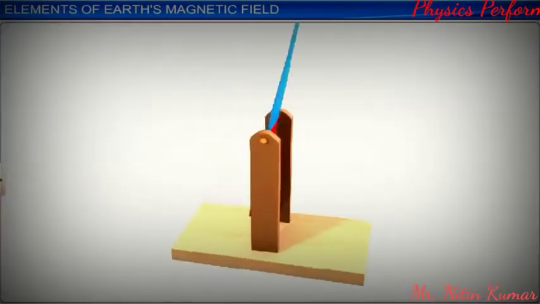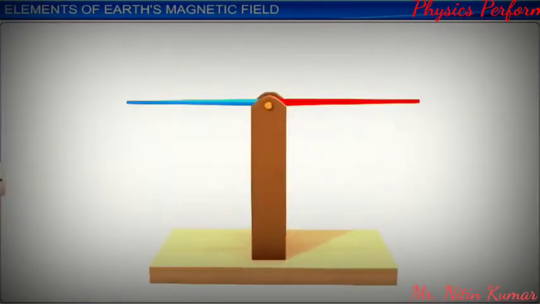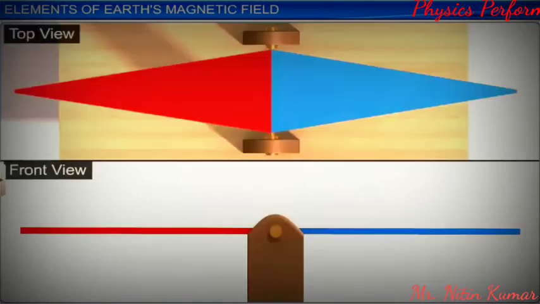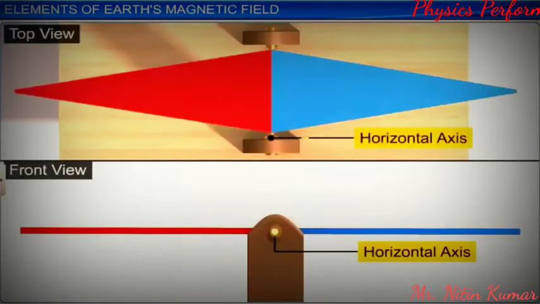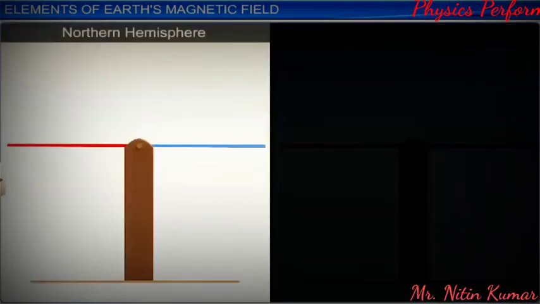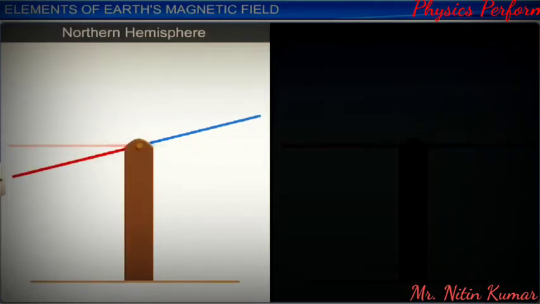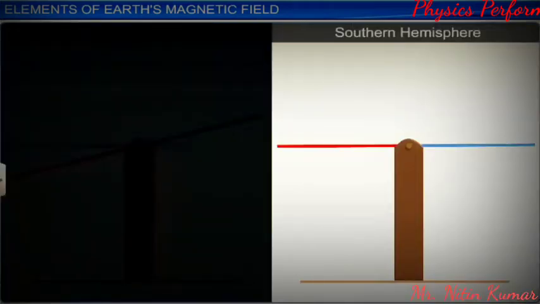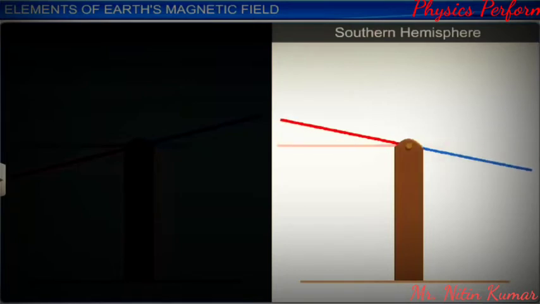If the needle were also provided with a pivot such that it can rotate freely about a horizontal axis, it would also rotate in the magnetic meridian plane. If the compass is placed in the northern hemisphere, its north end dips down from the horizontal position. If the compass is placed in the southern hemisphere, its south end dips down from the horizontal.